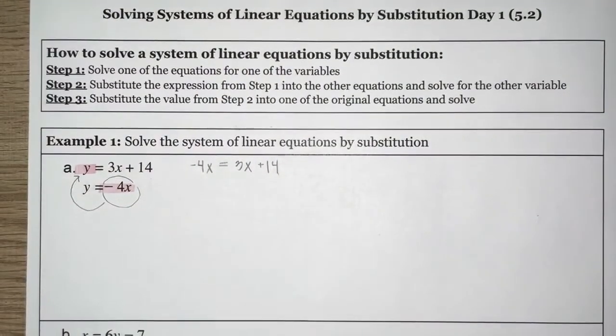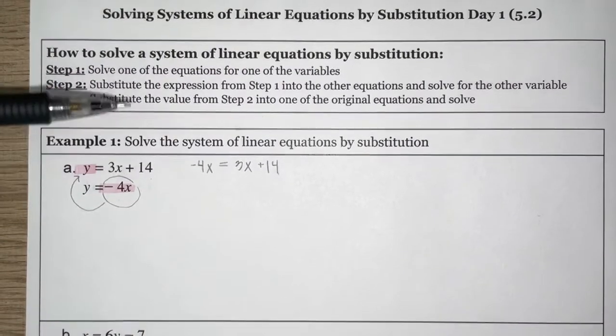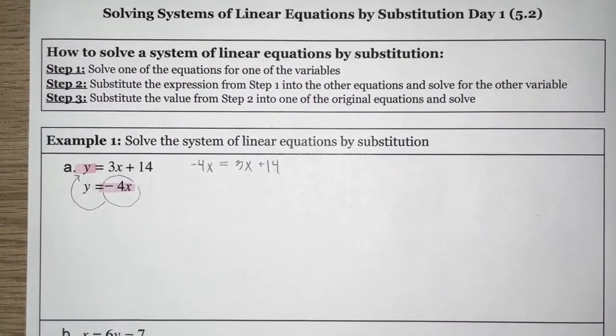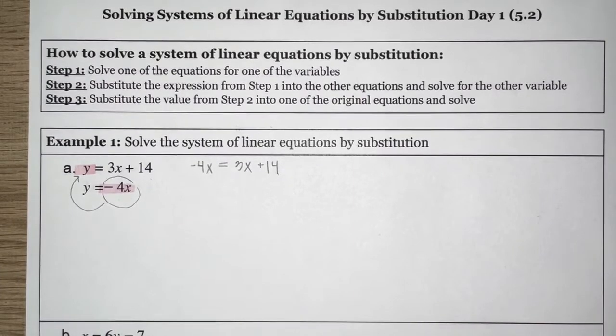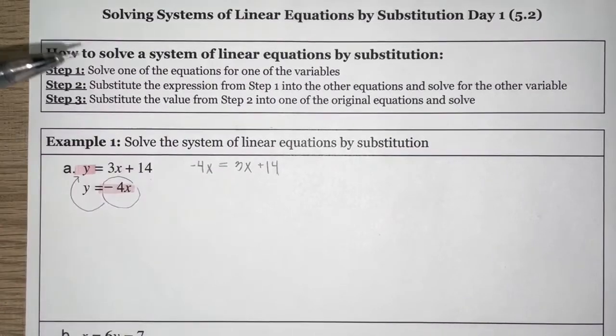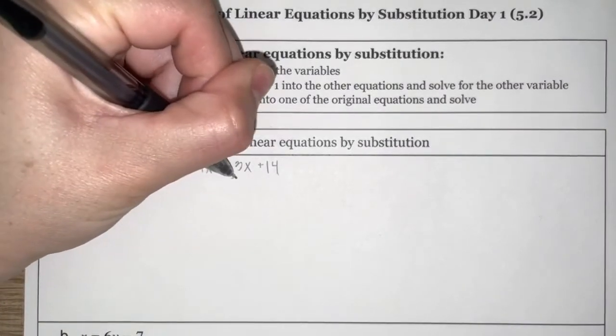And now I can solve this equation using the same steps that we've used throughout the year. So negative 4x equals 3x plus 14. I want to get all of my x's on one side of the equal sign first. So I'm going to move this 3x over. I'm going to undo this positive 3x by subtracting 3x from both sides.